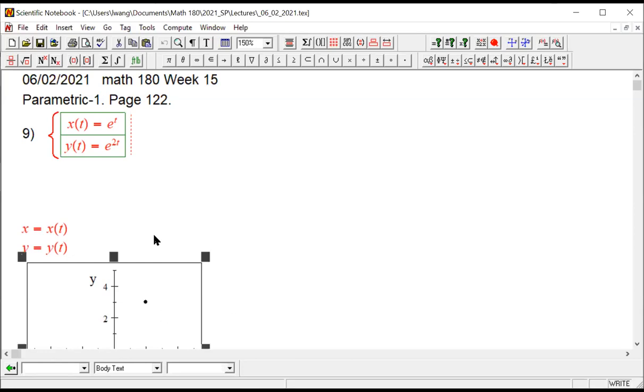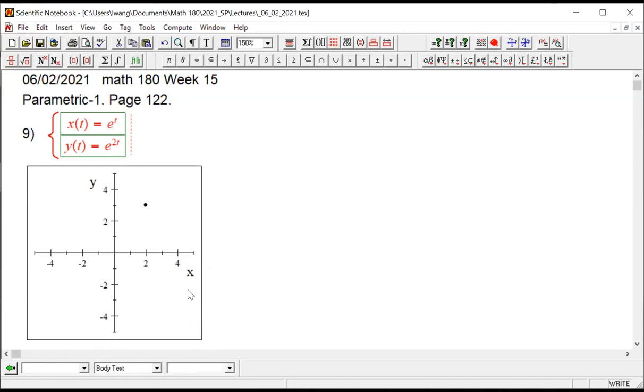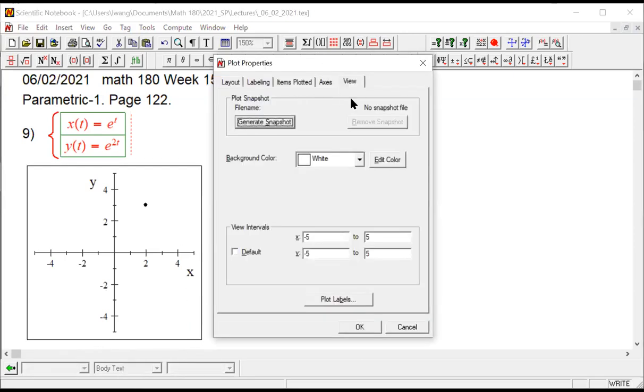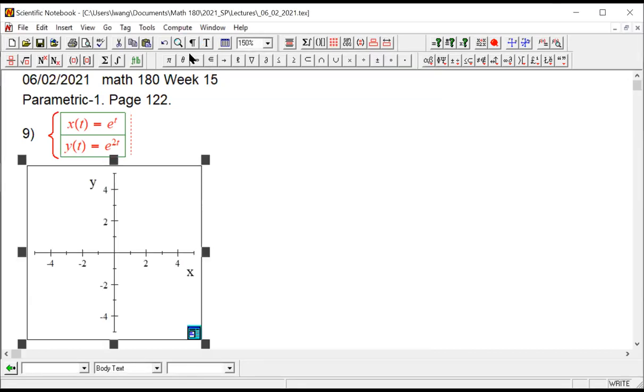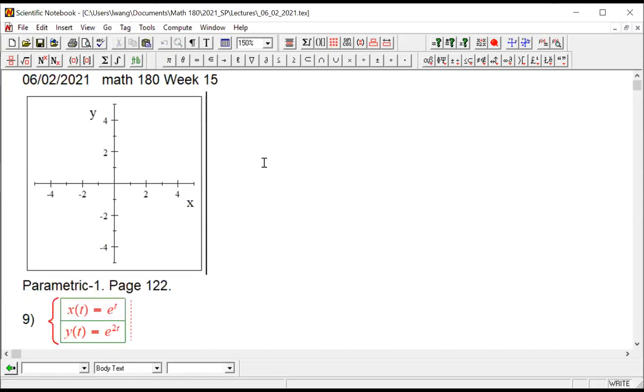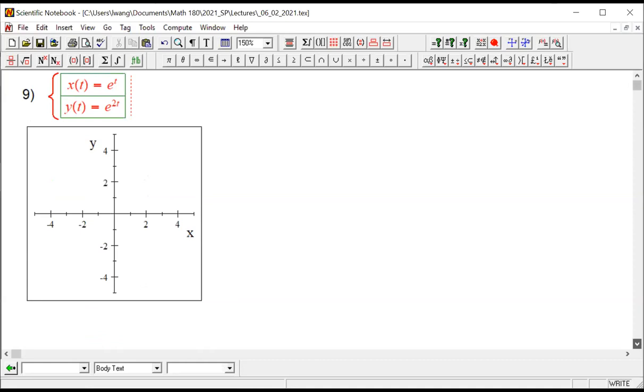Okay, we still use the same rectangular system. All right, so delete that point that we had, for example. It seems that I use this graph quite a bit, so I'm going to save it there.